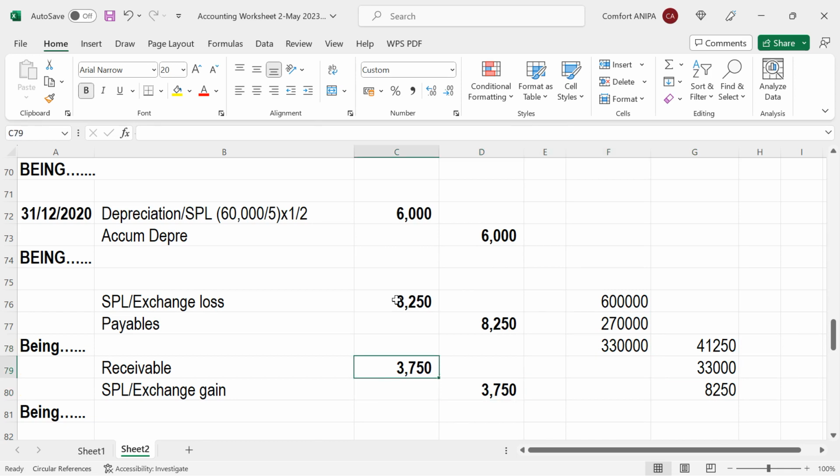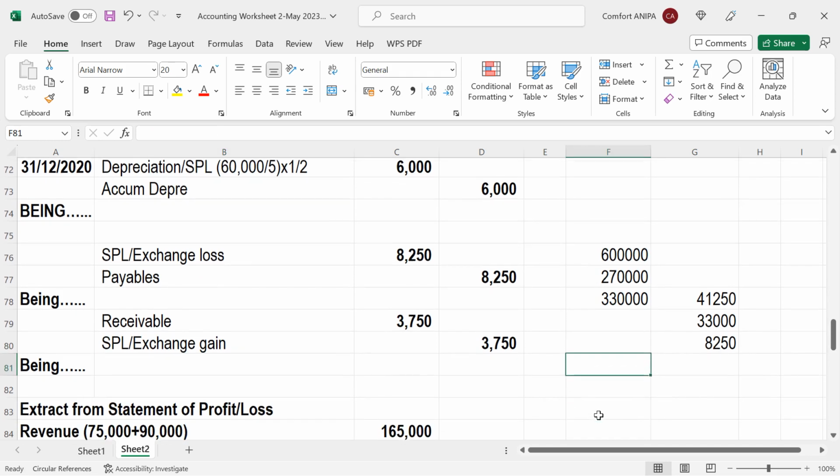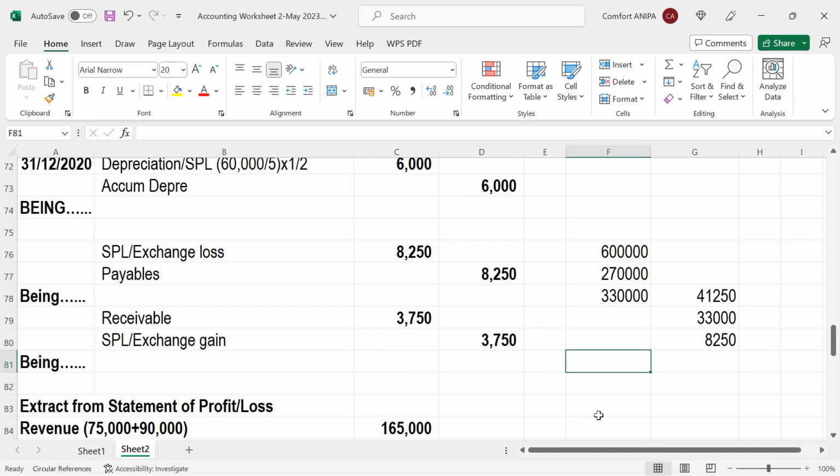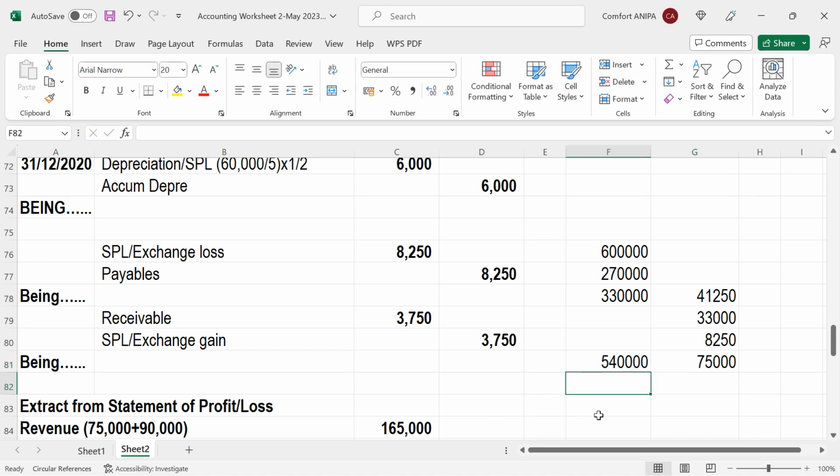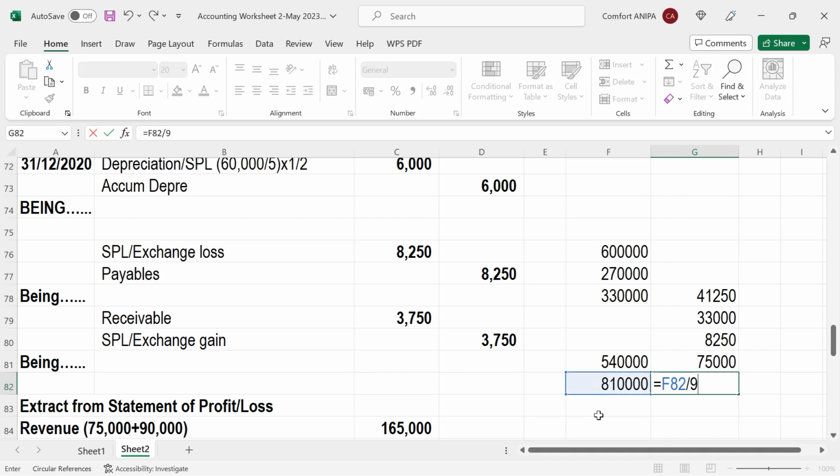Then we'll do the same for receivables, in terms of the sales we made. Remember the currency amount: we made 540,000 sales, which came in at 7.2. And then we made another sale of 810,000, which came in at 9, I think.